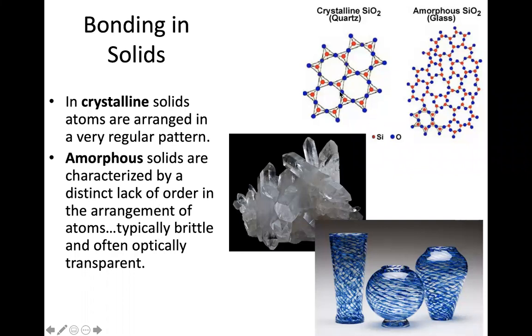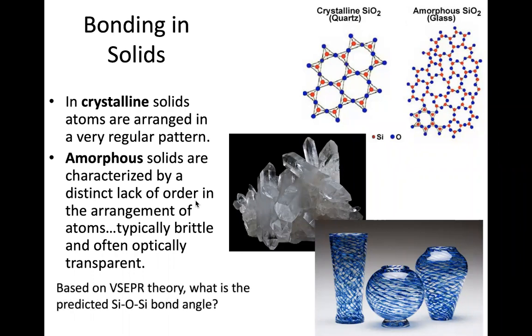Now, within here, in SiO2, whether I'm looking at quartz or the amorphous one, the glass, there is a linkage, silicon, oxygen, silicon. It's taking place in both of these. You can't really perhaps see it within the image right here, but there is a link, silicon, oxygen, silicon within these. What do you think the bond angle would be at that oxygen? What would VSEPR theory tell us? I'll give you a hint.